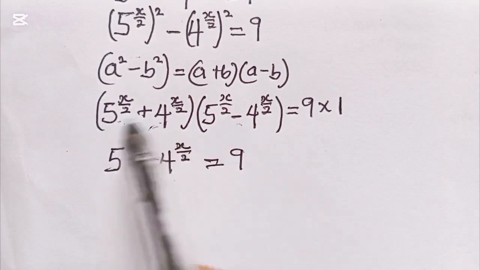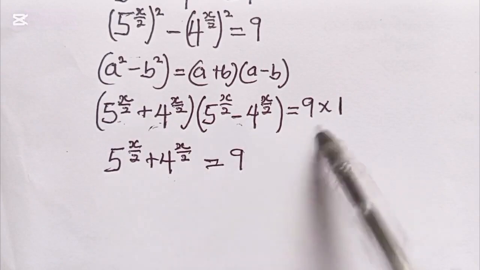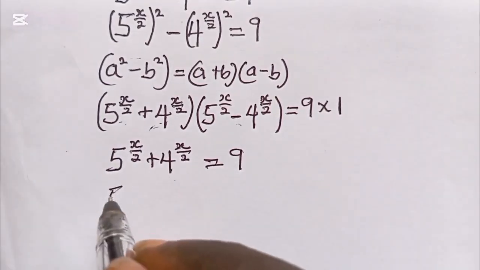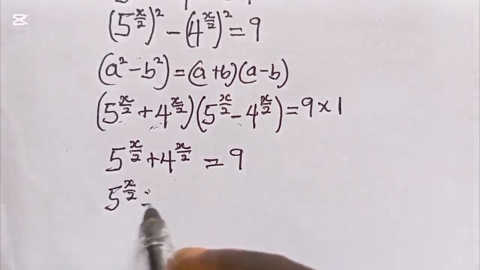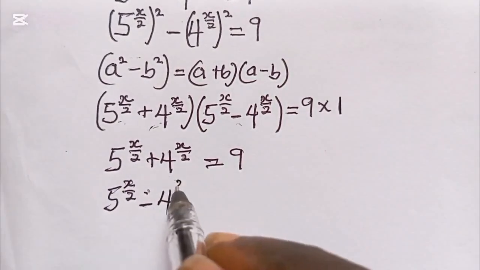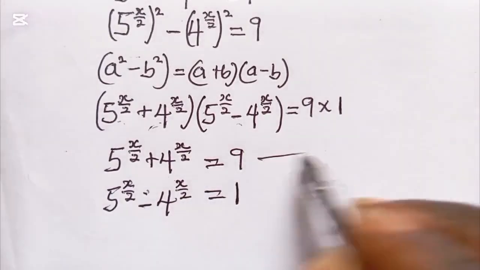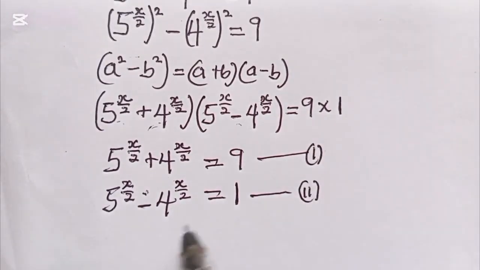If you add these two together, it's bigger than when you subtract their differences. So this is 9 and this is 1. So we have 5 raised to the power of x divided by 2 minus 4 raised to the power of x divided by 2, that is equal to 1. Let's call this equation 1. Let's call this equation 2.